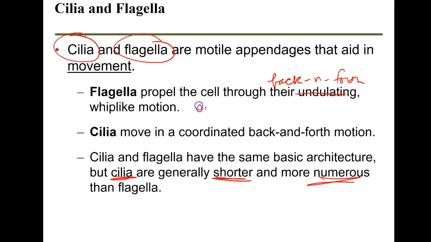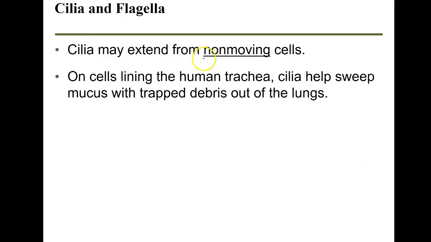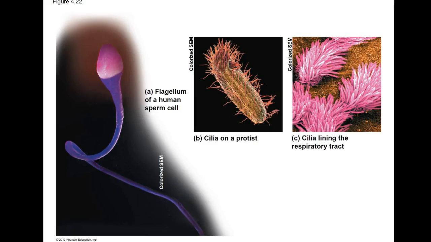Flagella usually is one. You have one long tail, we'll call it. Cilia could extend from non-moving cells. Our trachea is lined with cilia, and it's to catch dust and debris that's coming in with the air into our lungs.